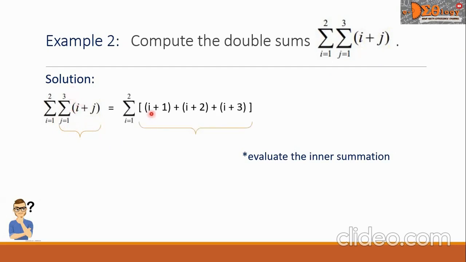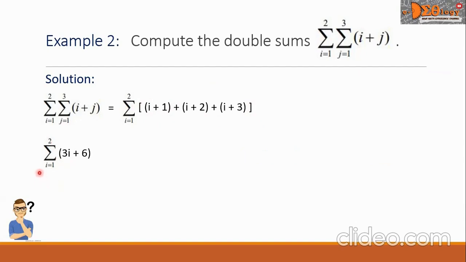So we have now i plus 1 plus the quantity i plus 2 plus the quantity i plus 3. Let us remove the grouping symbols and combine terms. We will copy again the outer summation, that is from i equals 1 up to 2. We simplify these expressions into 3i plus 6.